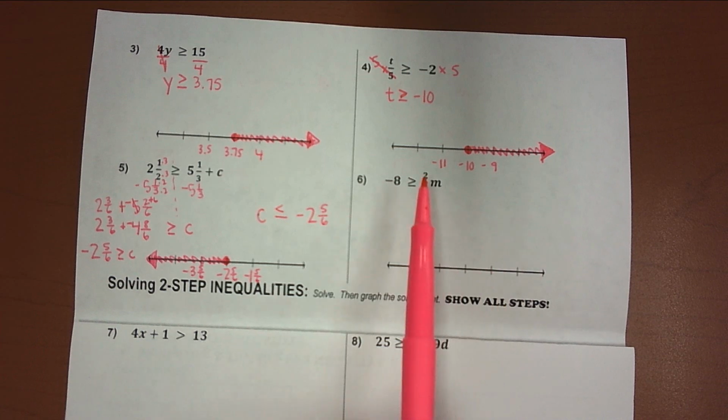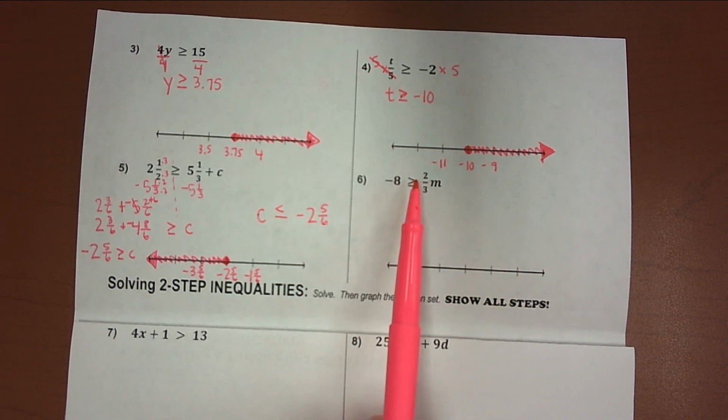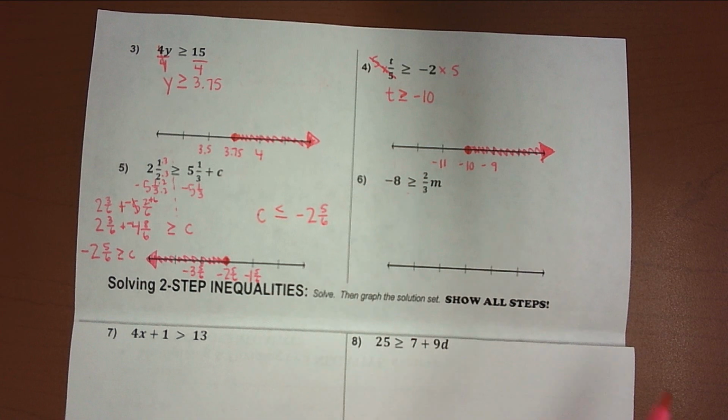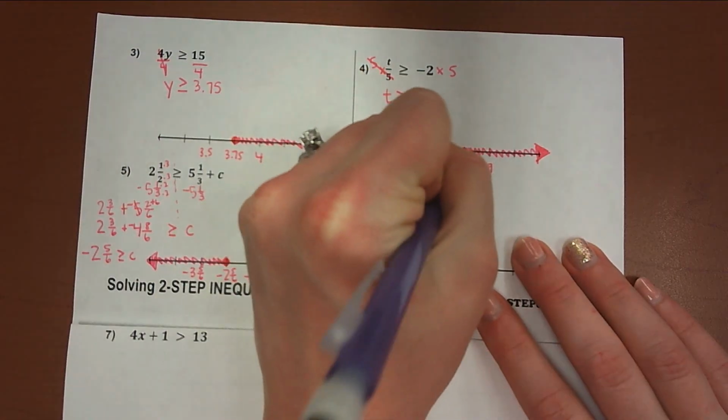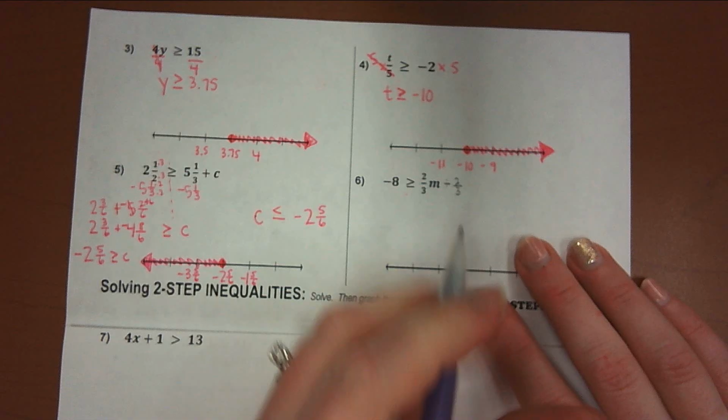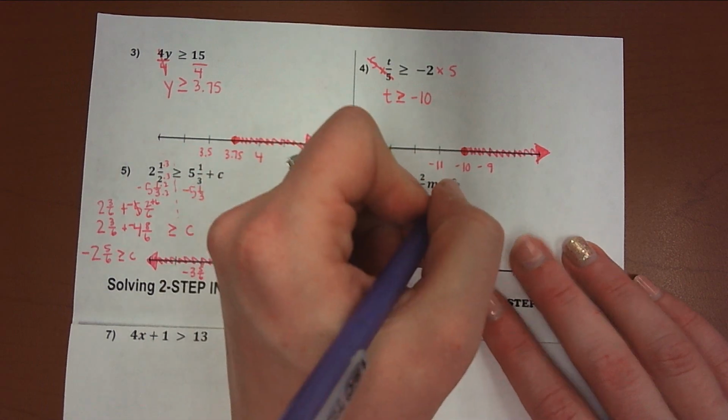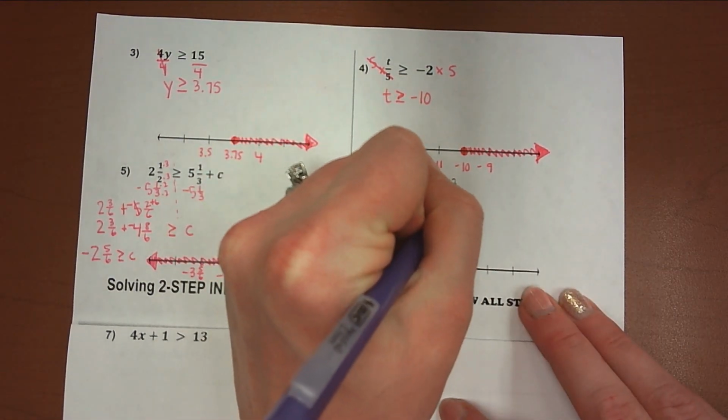This very last one says 2/3 times m is less than or equal to negative 8. Now when we have a fraction in front of a variable, we can either multiply by the reciprocal or we can divide by that fraction. If we divide by 2/3, our rule really is keep, change, flip, and then we end up multiplying by the reciprocal.